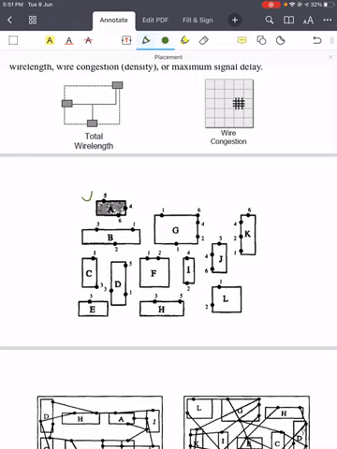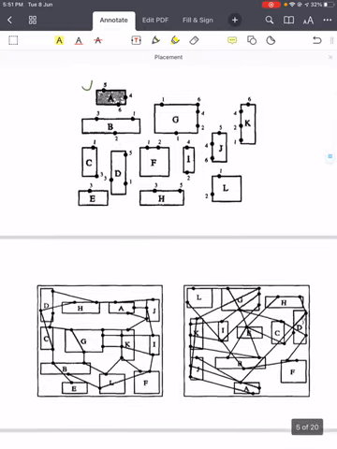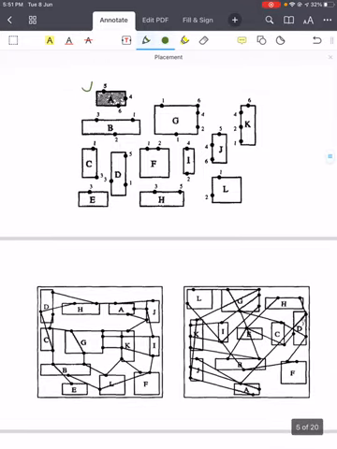These 10 blocks have to be placed on the silicon floor area such that there should be minimum delay, there should be minimum routing area, and obviously the total layout area has to be minimized. Okay, now here two placement solutions are being depicted.